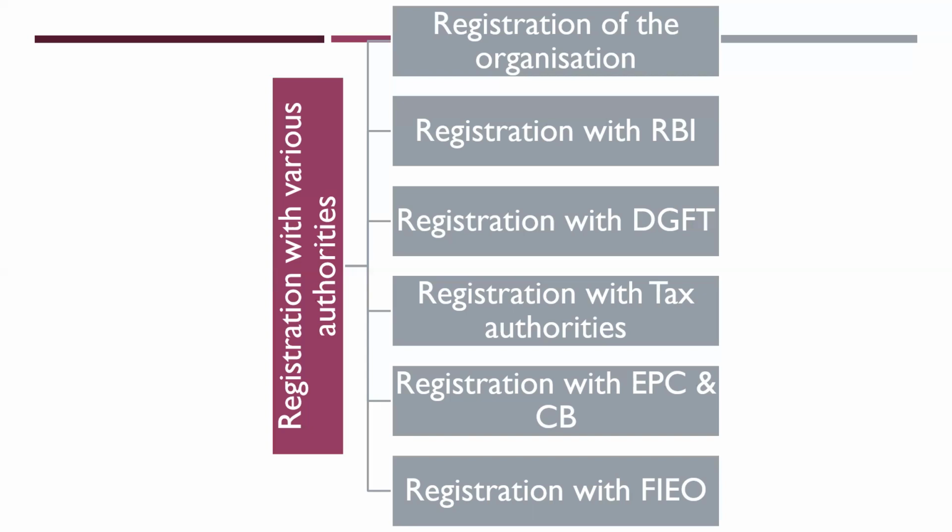The way you all have a registration number, in the same way, in international trade, they have an IEC number with which they can enter into international trade. Irrespective of whether they want to import or export goods, they need to have that IEC code number. That is why they need to register under DGFT.